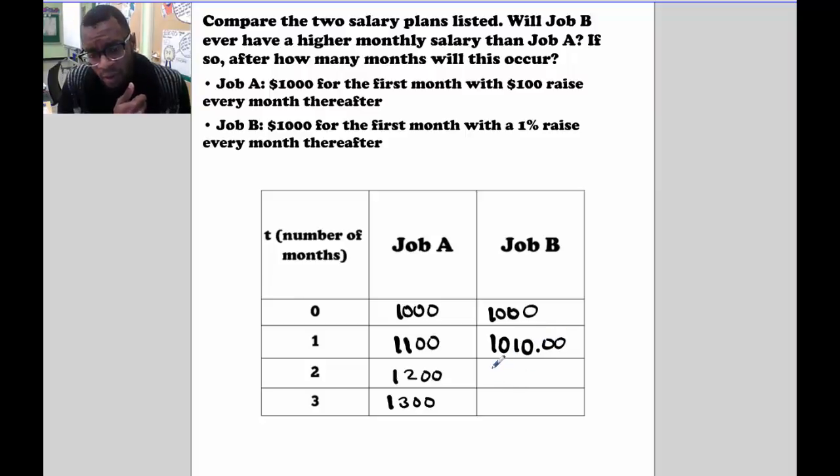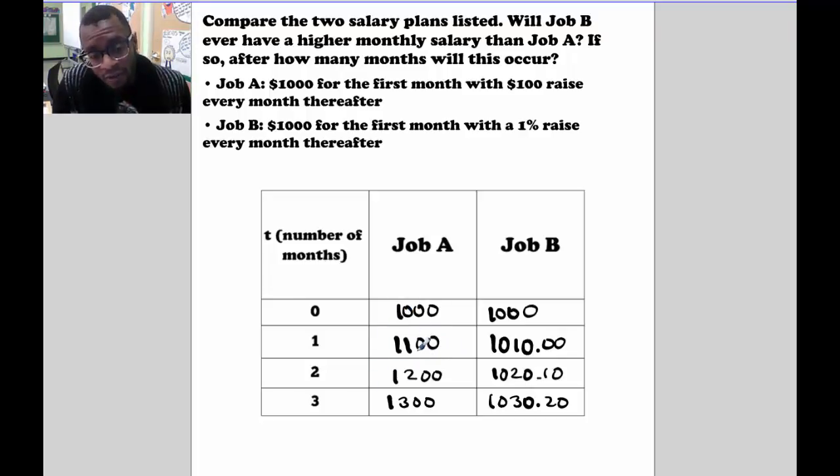After the second month, we'll have $1,020.10, and then after the third month, we'll have $1,030.30.